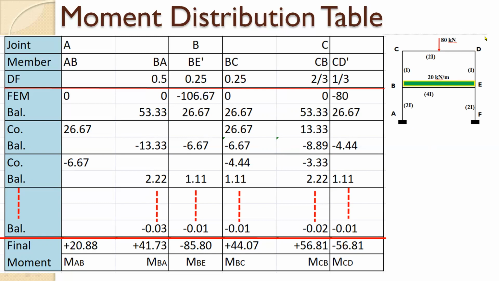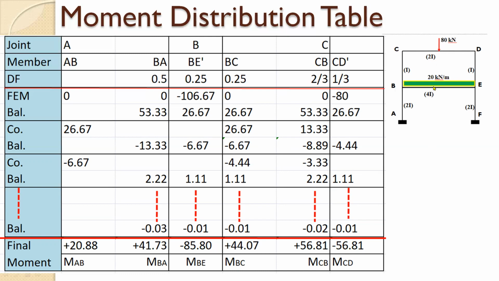On the right side, the magnitude of the moment is equal, but the sign will be different. For example, if AB is 20.88, then FE will be minus 20.88. If CD is minus 56.81, then DC will be plus 56.81.